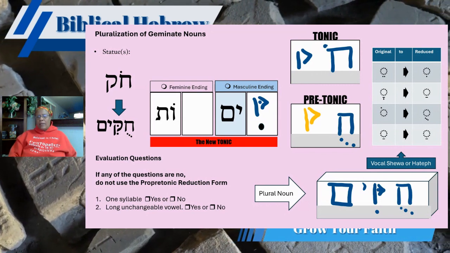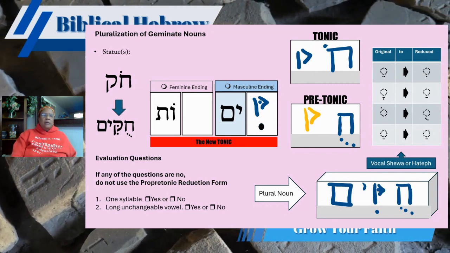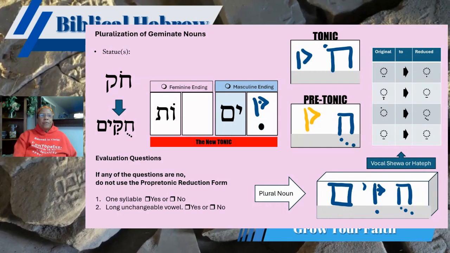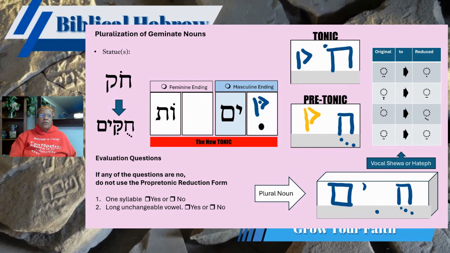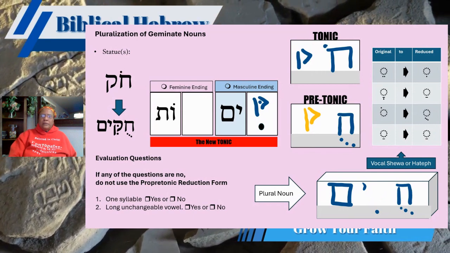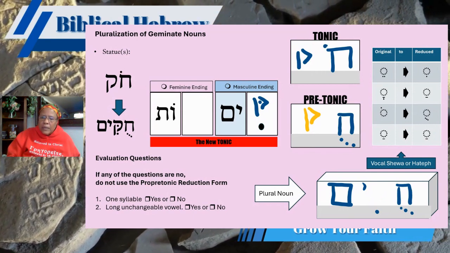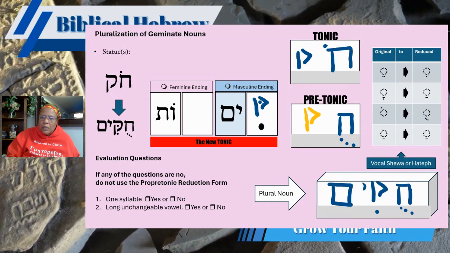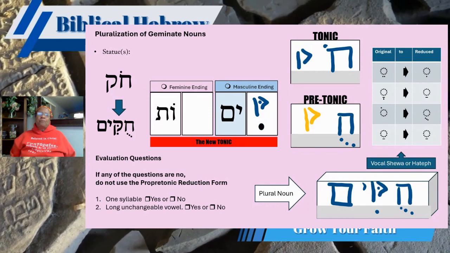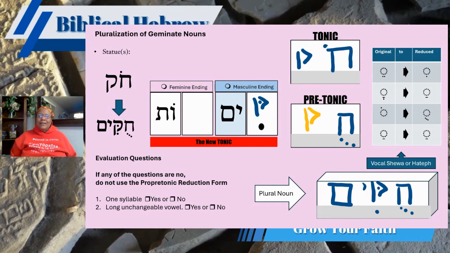Gotta remember to write that little dagesh in there. One of these days, I'm going to write really neat, and it's going to be looking so good. All right, there you go. Hookim.